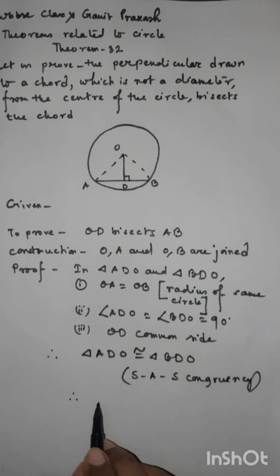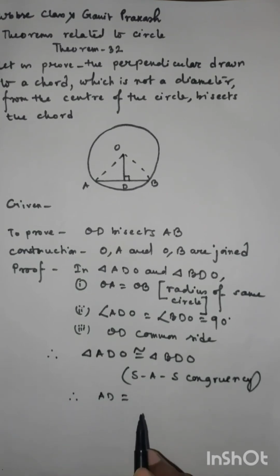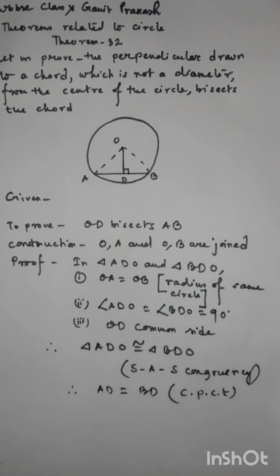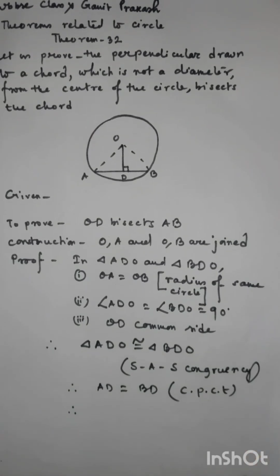Therefore, AD equal to BD, corresponding parts of congruent triangles. Therefore, OD bisects AB. Proved.